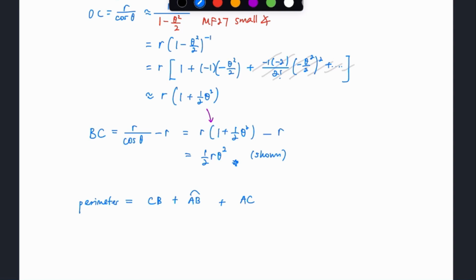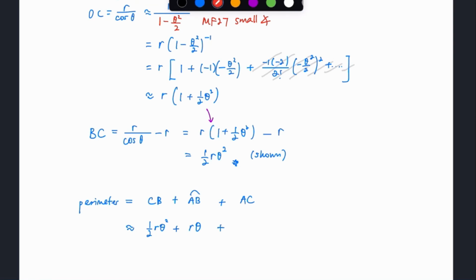Perimeter, right? Like EMF. So just now our BC is approximately half r theta square. AB is the arc length. Arc length is r theta. Remember from your EMF, r theta in radian mode.